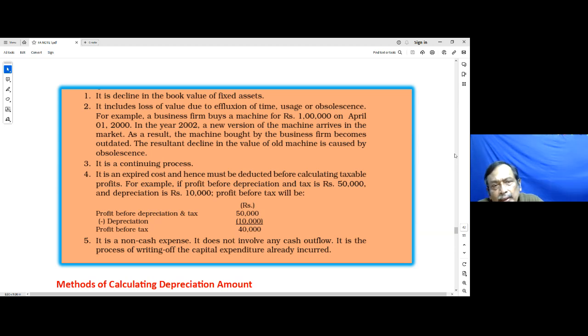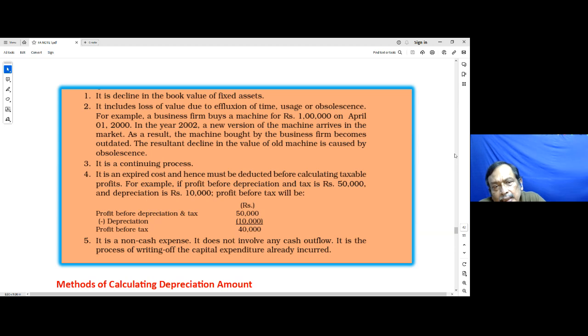For example, a business firm buys a machine for rupees 1 lakh on April 1st, and in the year, a new version of the machine arrives in the market. As a result, the machine bought by the business firm becomes outdated. The resultant decline in the value of the old machine is caused by obsolescence.